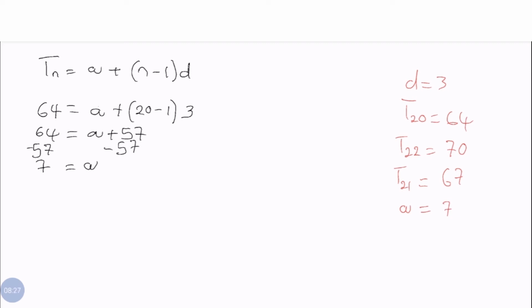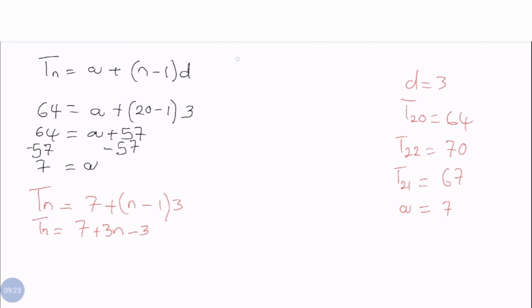So that means in the standard equation, we can substitute and get the exact equation of the pattern. We will have Tn is equal to A, which is 7, plus n minus 1 in brackets times d, which is 3. This is Tn is equal to 7, plus 3 times n, that is 3n, 3 times -1, that is -3.